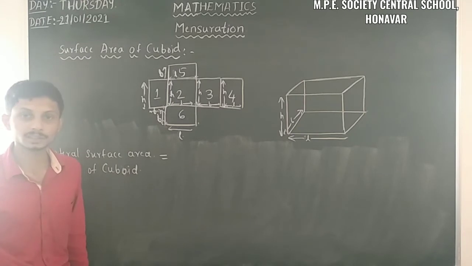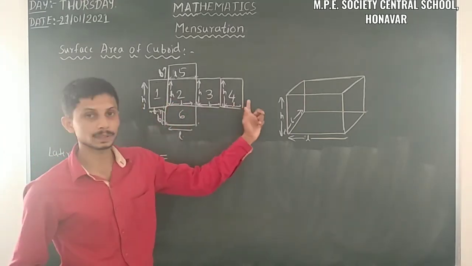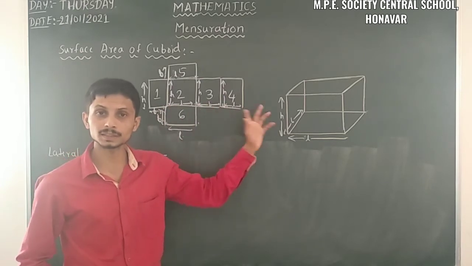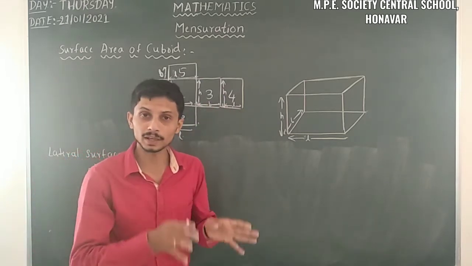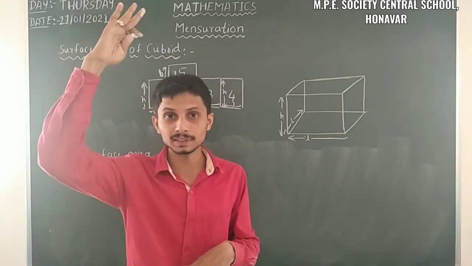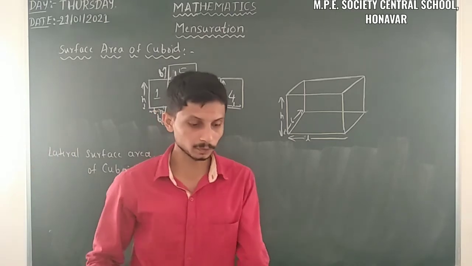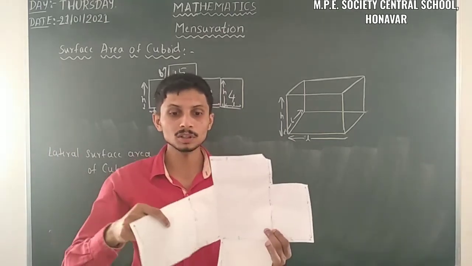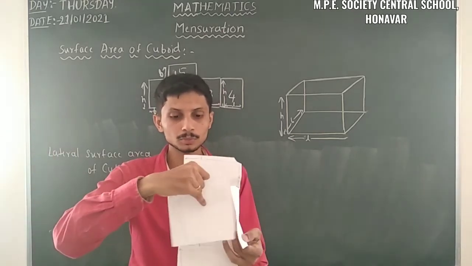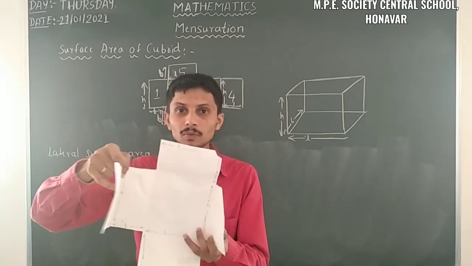Yes, here we have to consider only the 4 faces, that is these 4 faces. For example, if we have a room, we have to paint the walls except the ceiling and the ground, so then only the 4 parts we have. This is considered a room. So when you close this one, just observe it looks like the walls of the room.